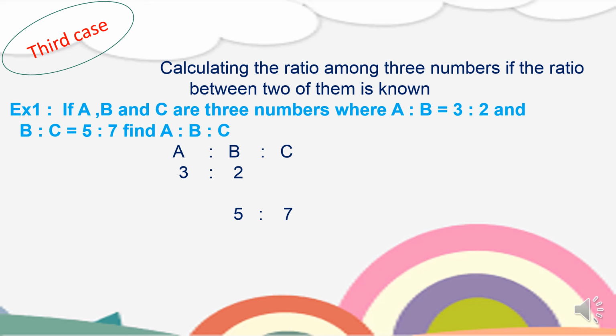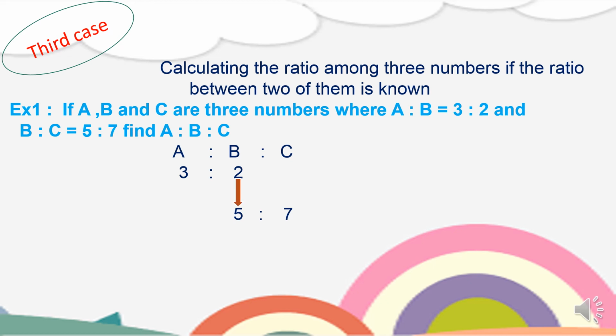Now I need the common ratio between A, B, and C. What do I do to get the common ratio between the three numbers? I have the number common between the two ratios. This is the number B, right?